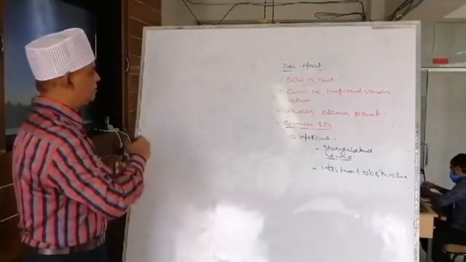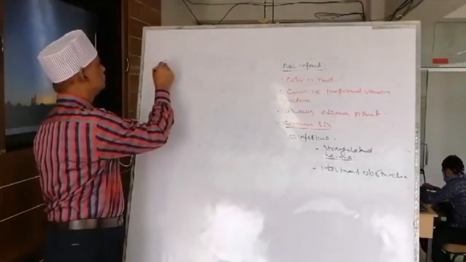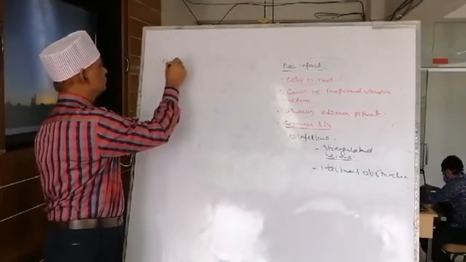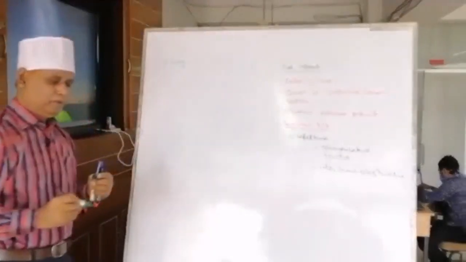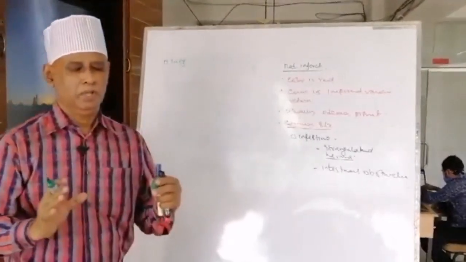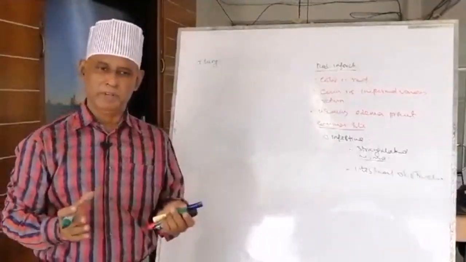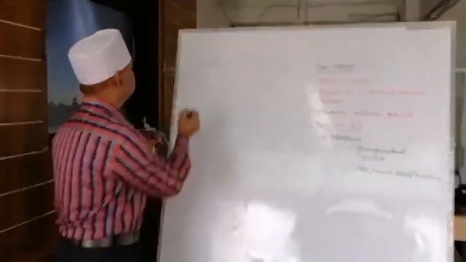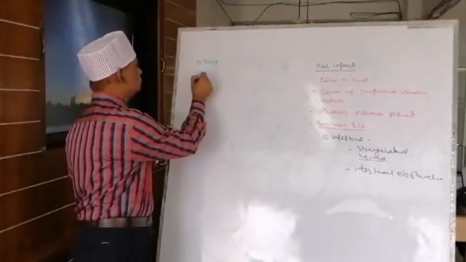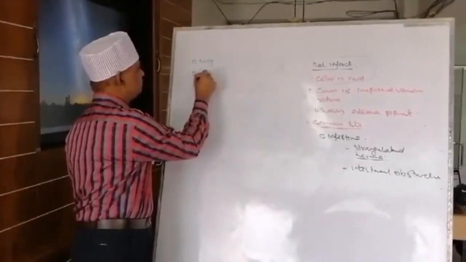Another site, lung. Dear audience, if there is infection in the lung, the infarct become red or hemorrhagic, you know. Testis.